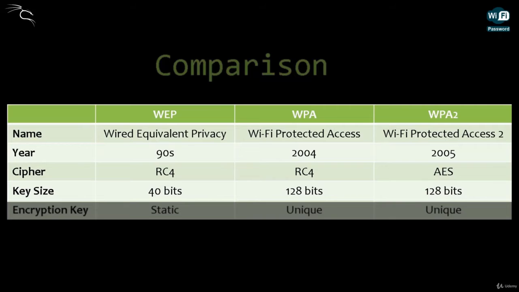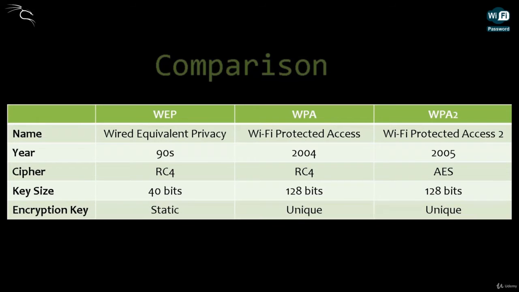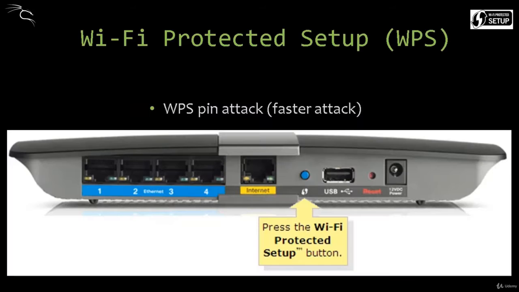The key size varies from 40 bits in WEP to 128 bits in WPA and WPA2, and the key is static in WEP, so it's much more susceptible to attacks, while the encryption key changes uniquely in WPA and WPA2.